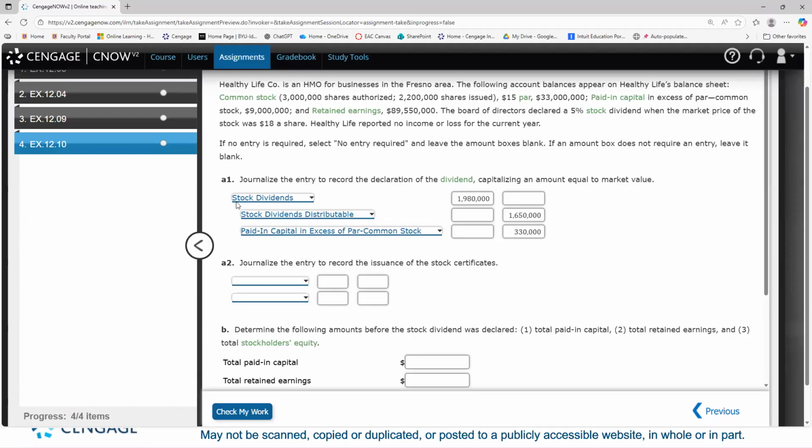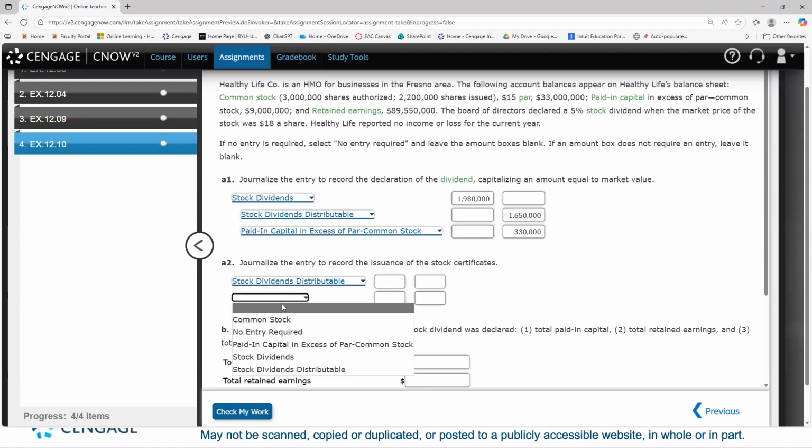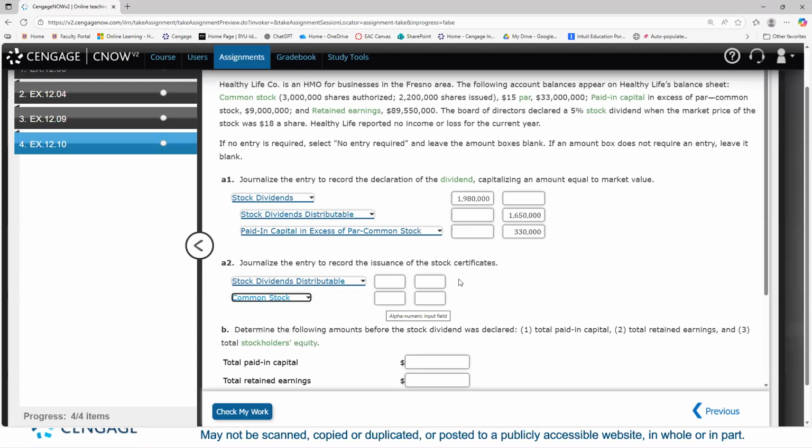The next question says journalize the entry to record the issuance of the stock certificates. When we actually issue the stock certificates, we're just going to debit stock dividend distributable and credit common stock for the 1,650,000.